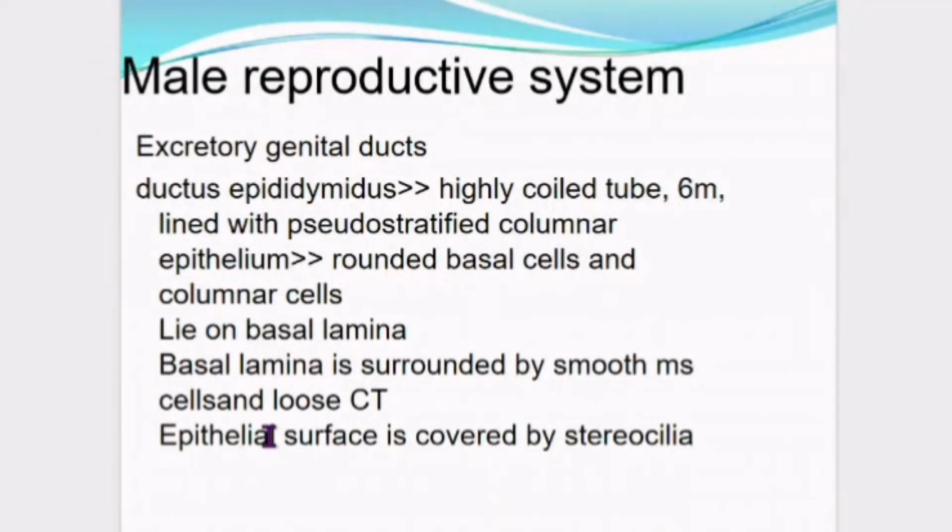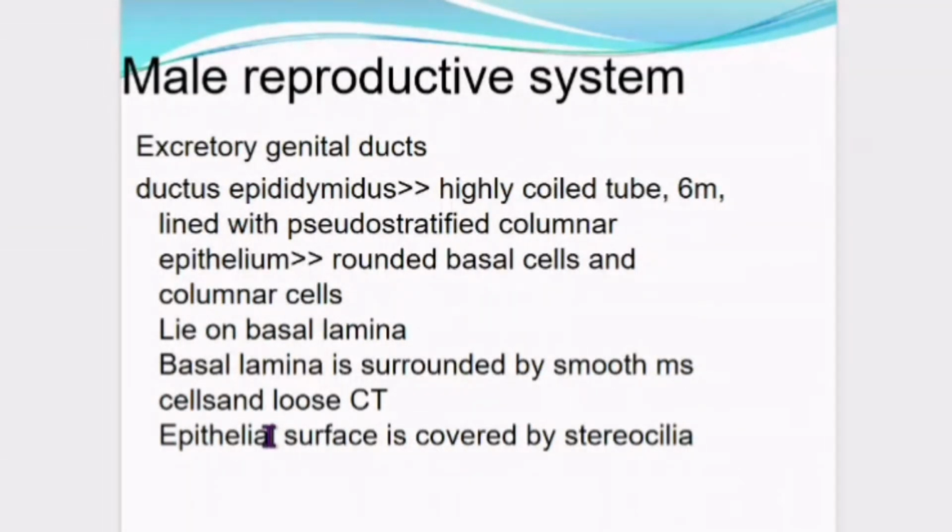I think I have one diagram that I'm going to share with you at the end. That diagram is important, and we need to remember everything on it. Then in the male reproductive system you have the excretory ducts, which are on the outside. You start from the epididymis, which is 6 meters long. This one is lined by pseudostratified columnar epithelium, supported by a smooth muscle array.